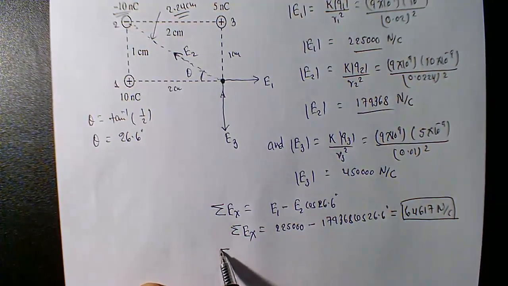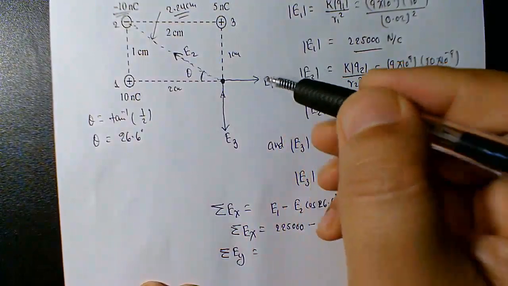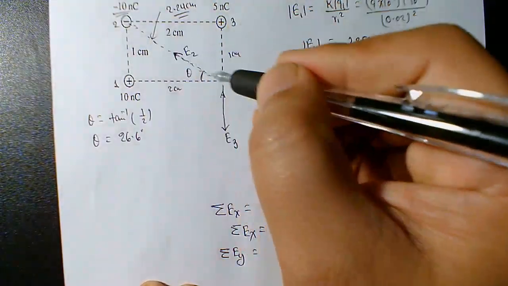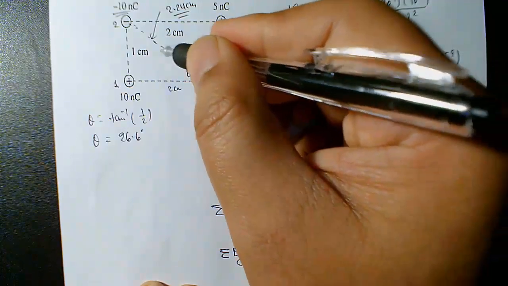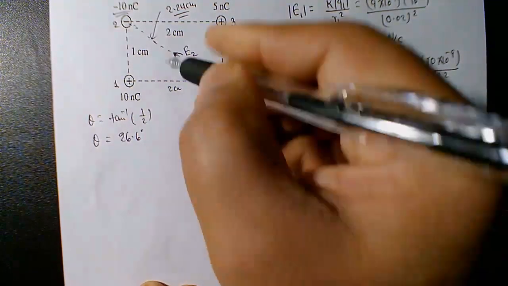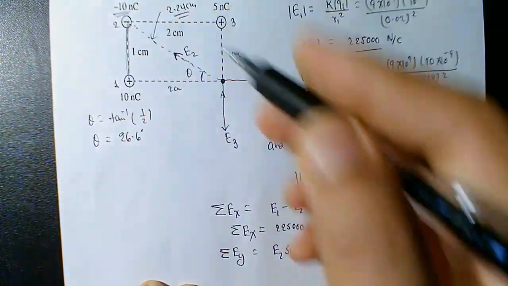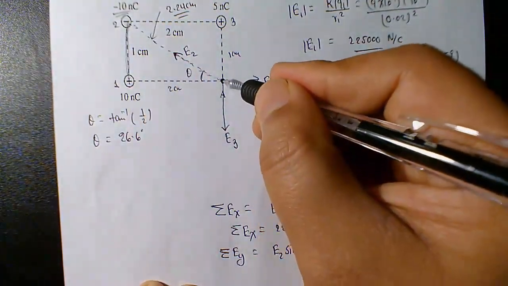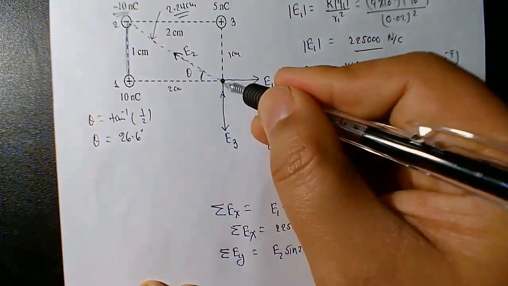Similarly, you're going to need the sum of the y component of the electric field. The y component of E2, in the second quadrant, is positive: E2 sine 26.6 degrees, because the y component is up. But it is balanced by E3, which is going down.